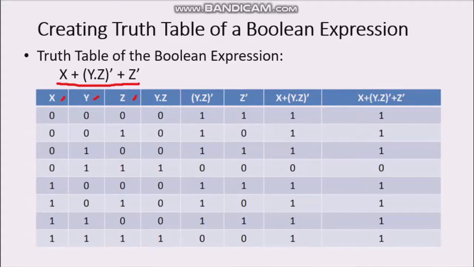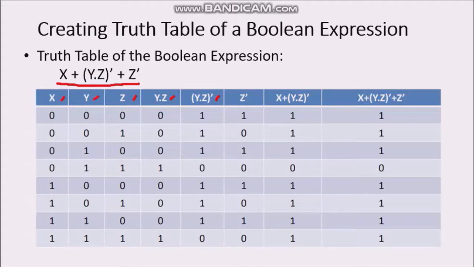Then what are the individual elements in this expression? You have y dot z. So next you make a column for y dot z. Then you need to calculate y dot z bar, so you make a column for y dot z bar.